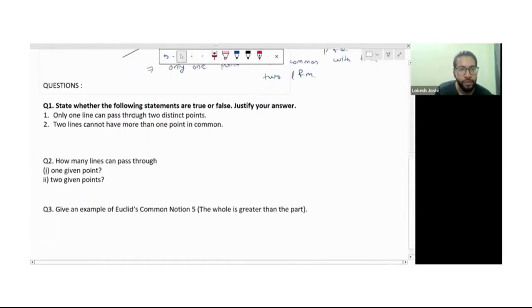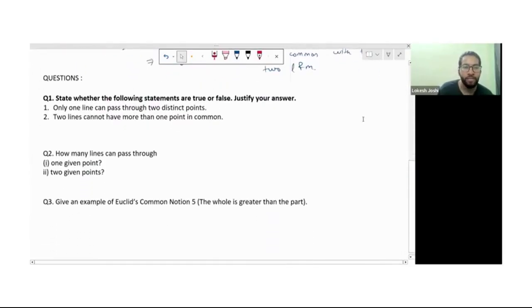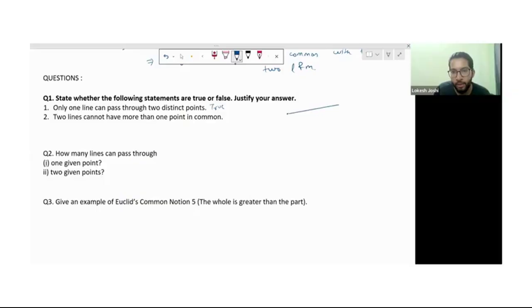Now I have some questions which will revise all the concepts which we have done in this chapter. The first one: state whether the following statements are true or false, and justify your answer. First, only one line can pass through two distinct points. Its answer is true, because if we have any point and another point, only one line is possible between them.